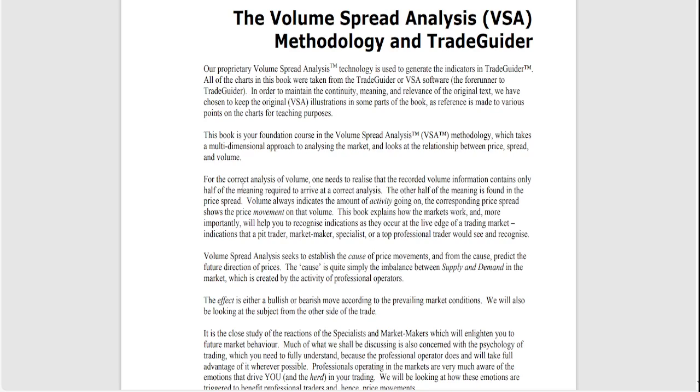In order to have a correct analysis of volume, one needs to realize that the recorded volume contains only half of the meaning required to arrive at a correct analysis. The other half of the meaning is found in the price spread. Now price is half the information. If you combine it with the volume, then you will get the total idea out of the market.